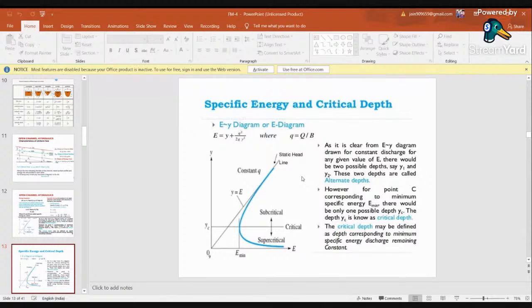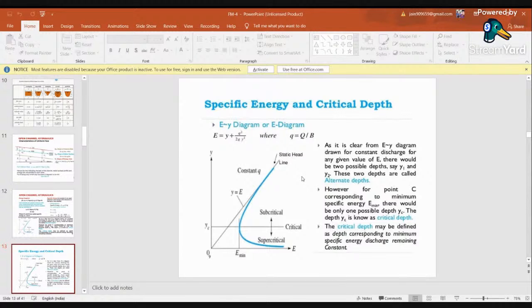Okay, so as we know, the equation of specific energy is y plus q square by 2g y square. Here, small q is the discharge per unit width.